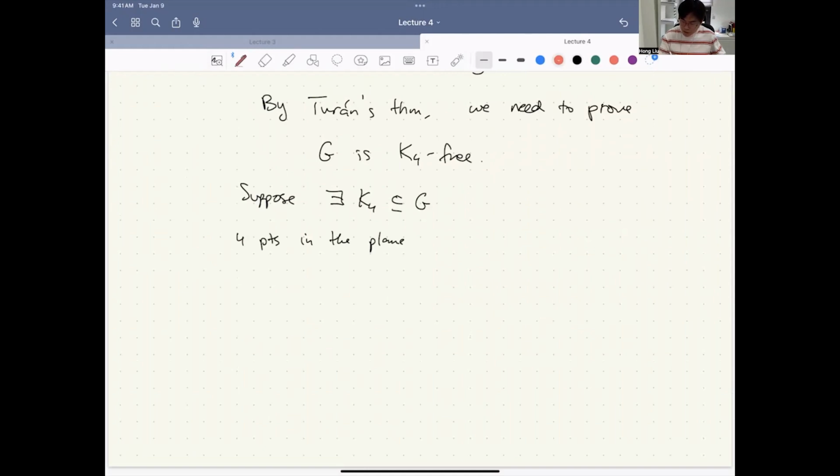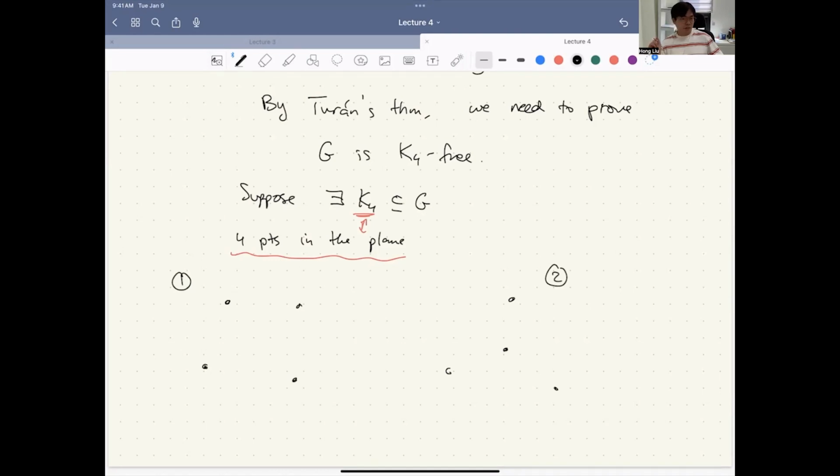For any 4 points in the plane, you only have 2 types of arrangements. Either these 4 points are in convex position, or these 4 points are not in convex position. That means 1 point is in the convex hull of the other 3. So this is type 1. This is the second scenario.